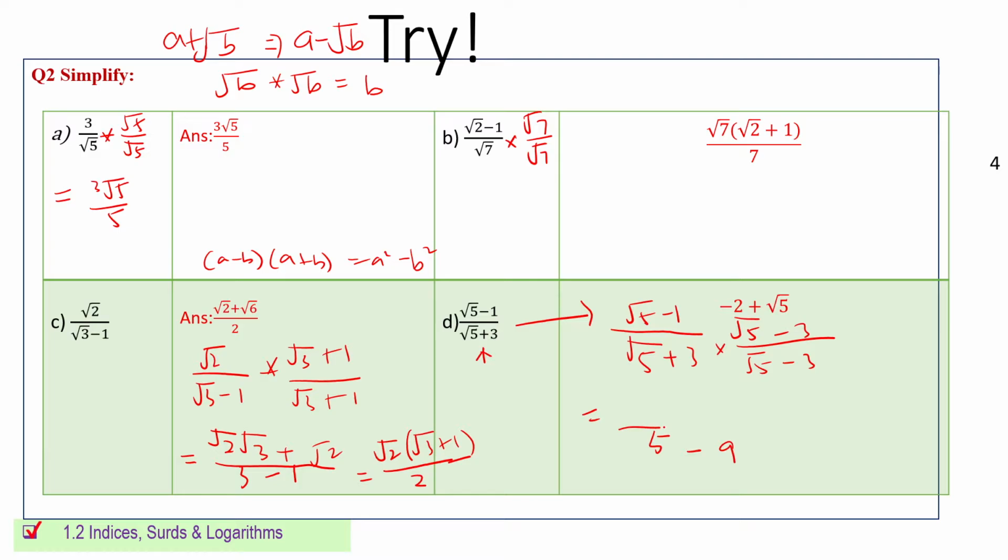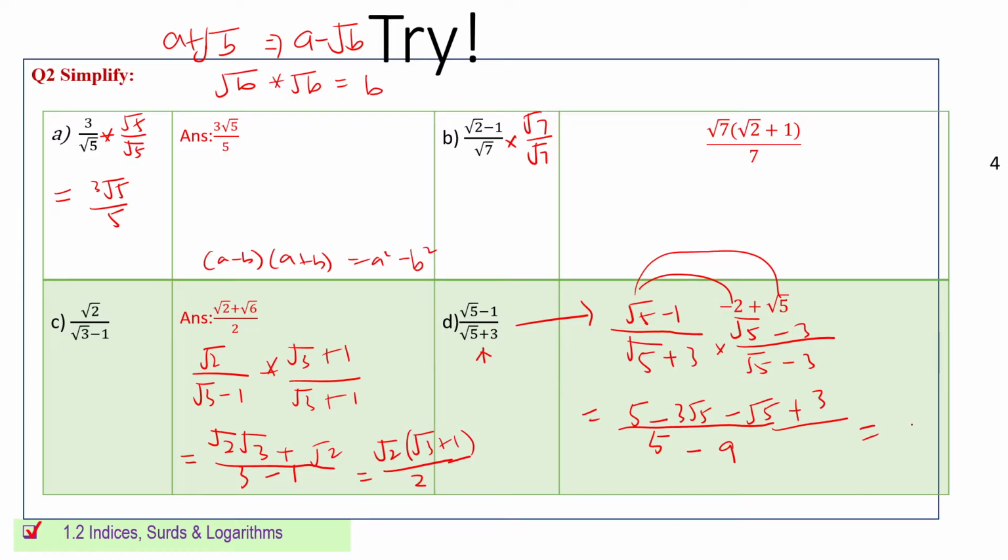So it's 5 minus 9, and then for our numerator we multiply: this one is 5, then this one is negative 3 root 5, and then we have a minus root 5, and the last one is plus 3.